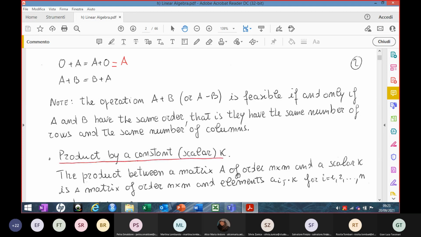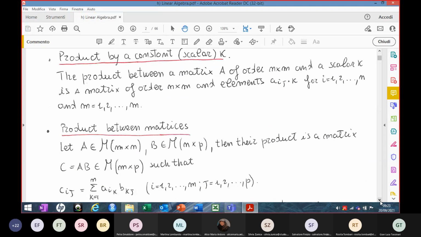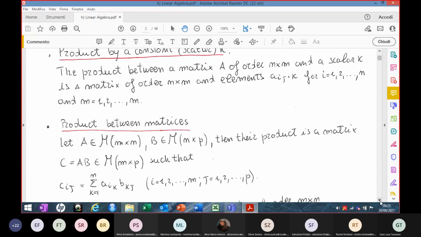In particular, the element ij of the new matrix is equal to Aij, the element in the ith row and the jth column of A, times the constant k. So you simply multiply all the elements of the original matrix A by the given number.